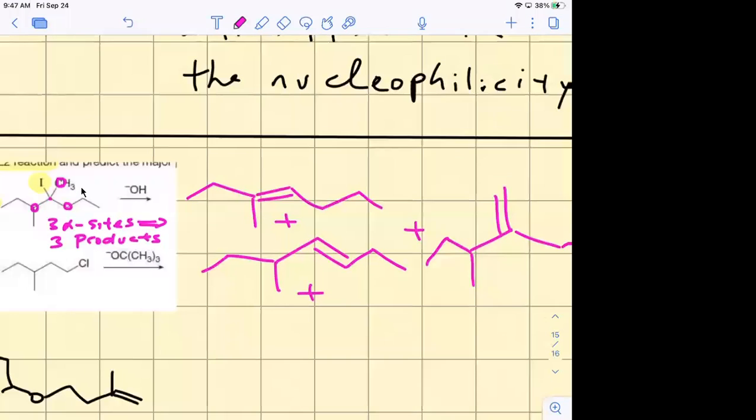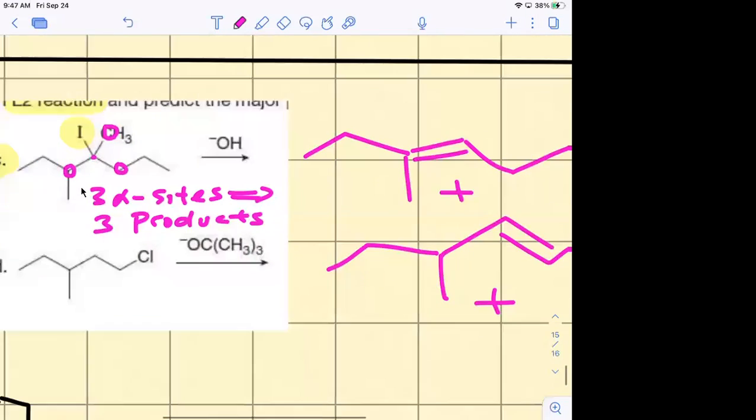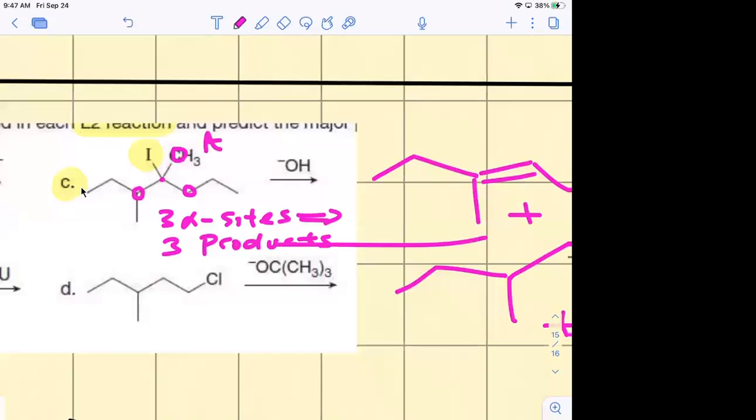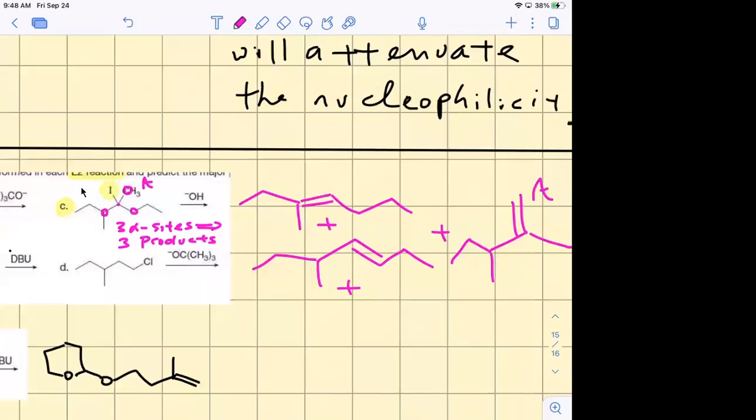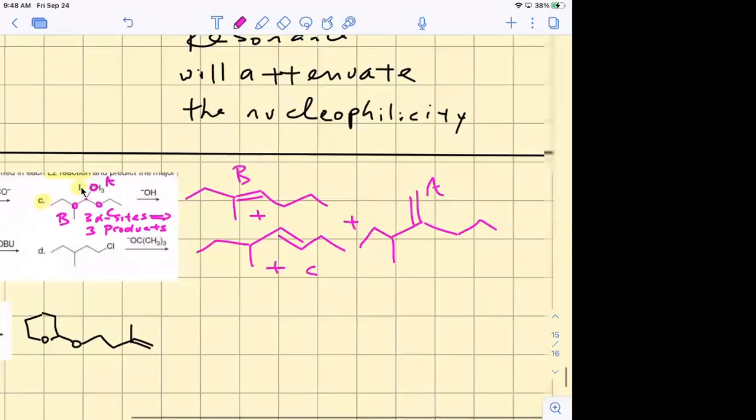Are y'all following? So I'm going to label them. That'll be A. And then let's call this one B, which would be right here. And then this would give us C. All right, so all those are E2 products.